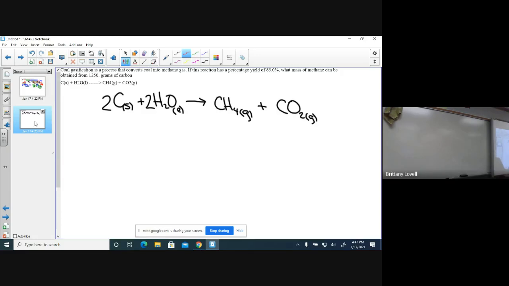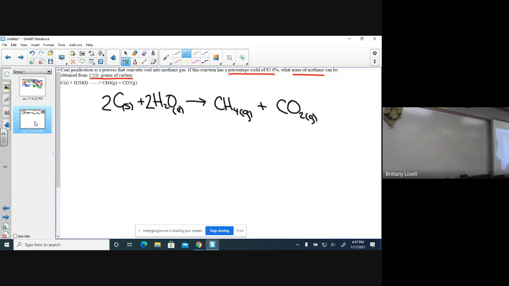All right. Okay, so let's read through this problem. If this reaction has a percentage yield of 85%, what mass of methane can be obtained from 12.50 grams of carbon? Yikes, that's a lot of information. Okay, so I'm just going to sort it out and try to figure out what I'm going to do here.